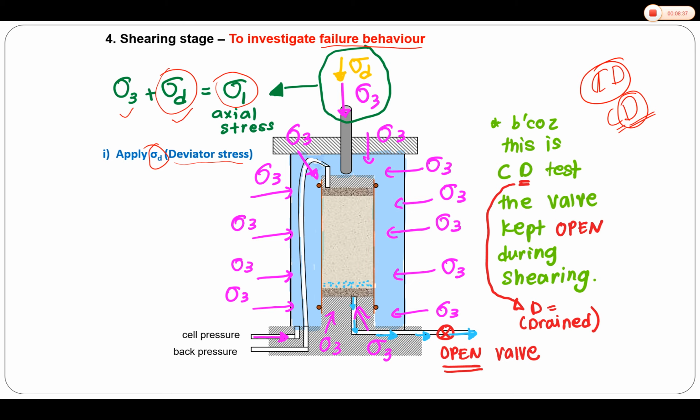In order to allow water to keep flowing out, we need to keep the valve open. Same as the pore pressure line earlier, we need to keep that valve open. Keep it open, don't close it, because we want to drain out the water. So the water within the sample will drain out.